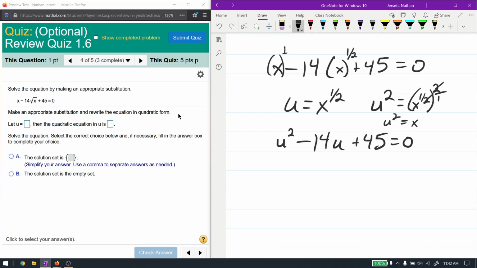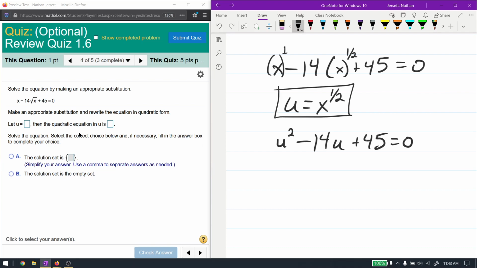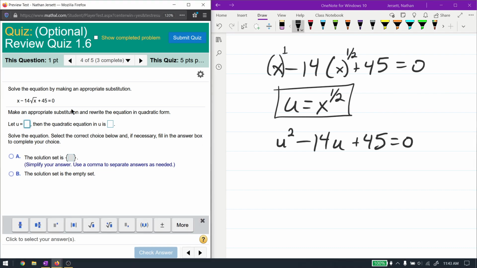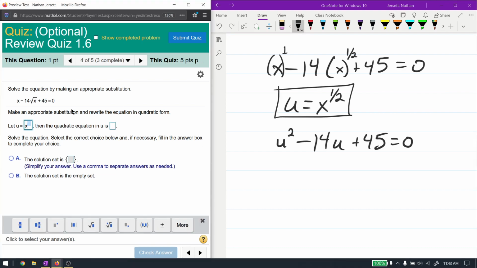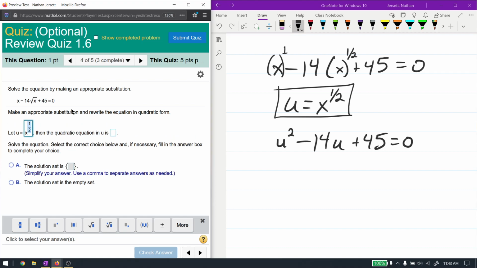If it does, you are good to go and you can simplify it. So I'll just keep this out because that's going to be the first part of this portion, x to the power of 1/2. The quadratic equation is going to be u squared minus 14u plus 45 equals 0.